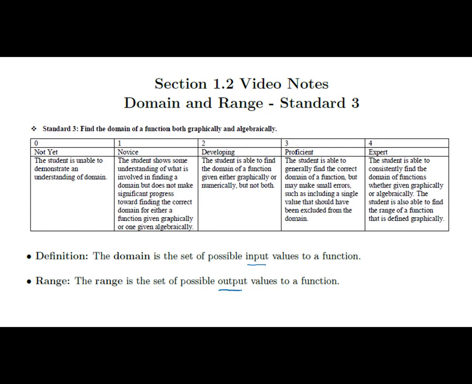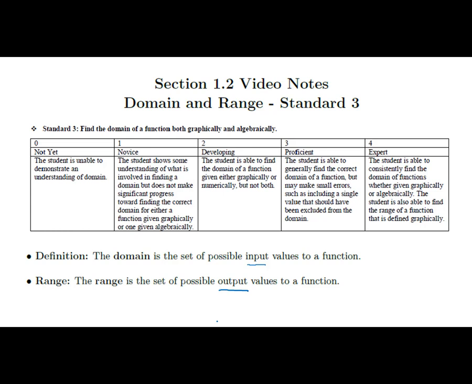all output values. Now let's think back to our grocery store scanner example, where we're thinking of the scanner at a grocery store as a function. And it's a function because any particular type of item will only give one price. Okay, so the price is the output, the item is the input. Now clearly you are not going to expect all types of numbers to be spit out as outputs because of the fact that they're prices.